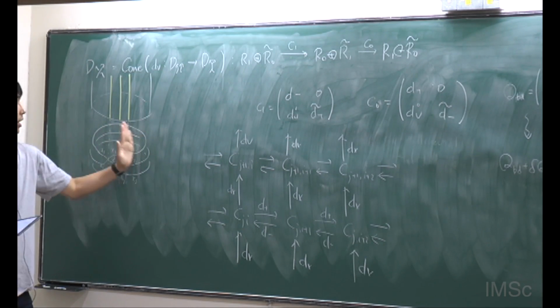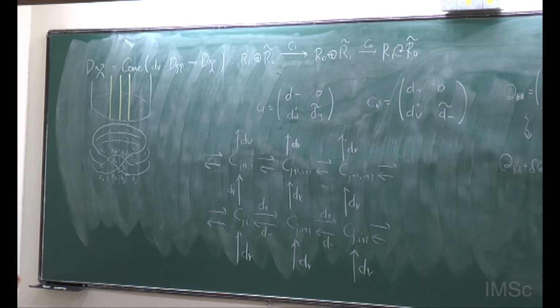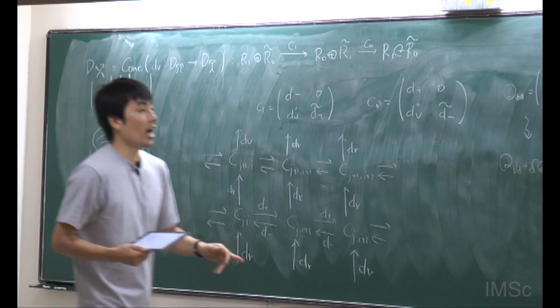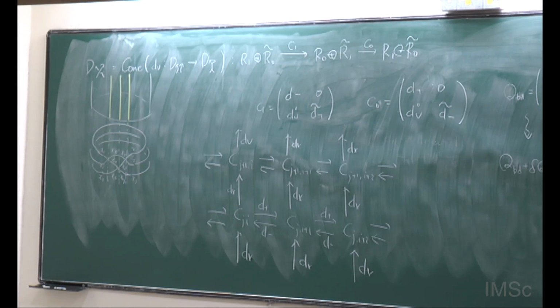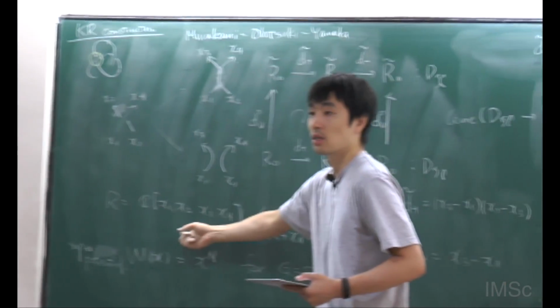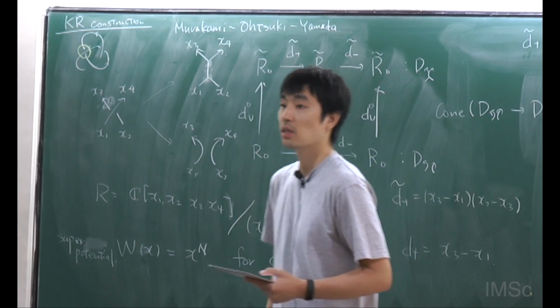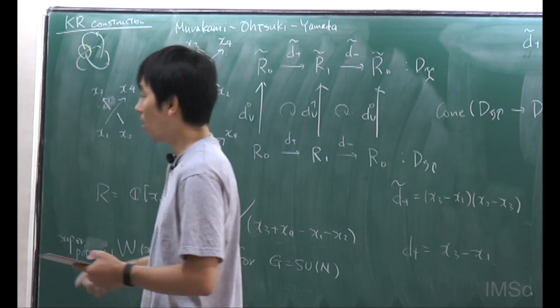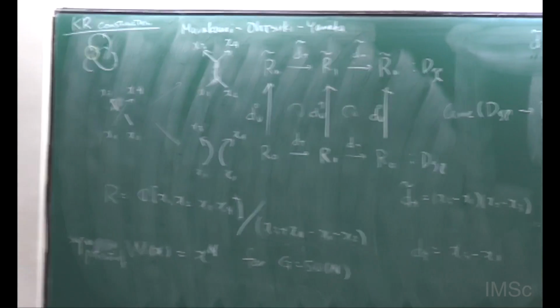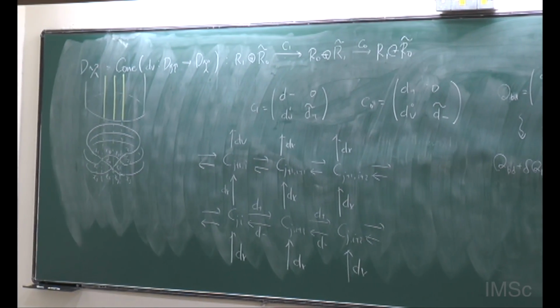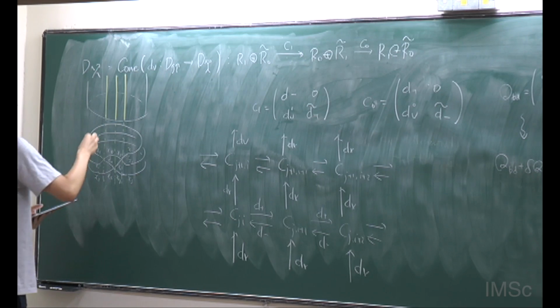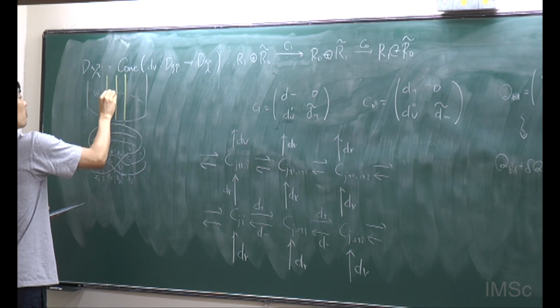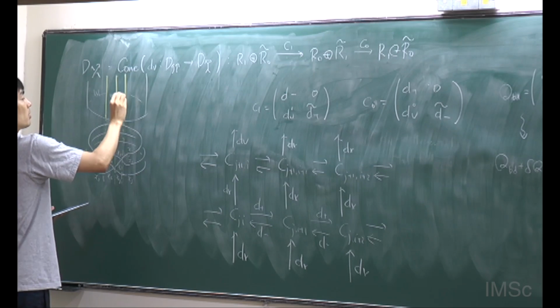So once you go around, C_{J,I} is essentially this one. So you have the potentials W1 and W2 and W3, and coming back to W0.